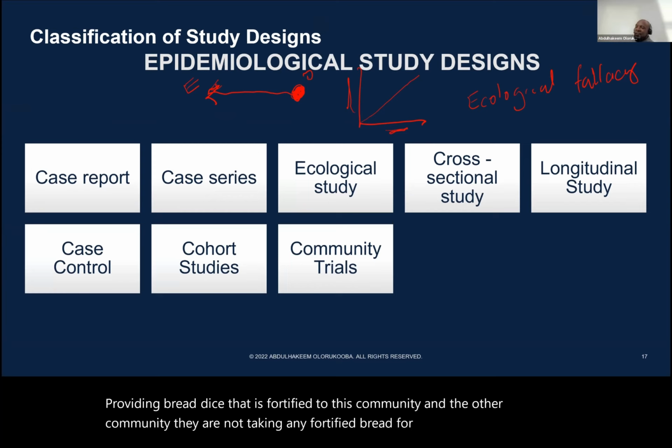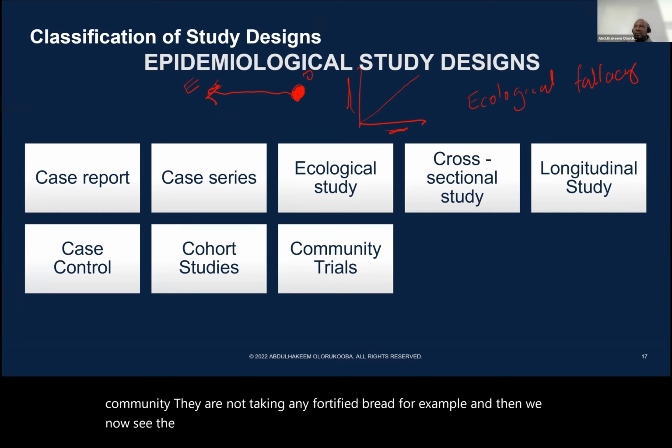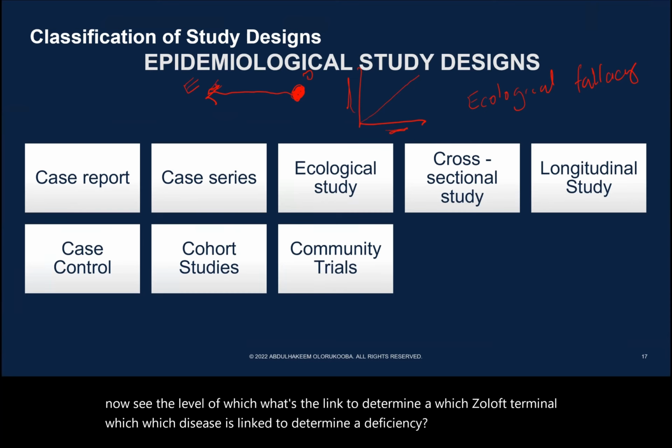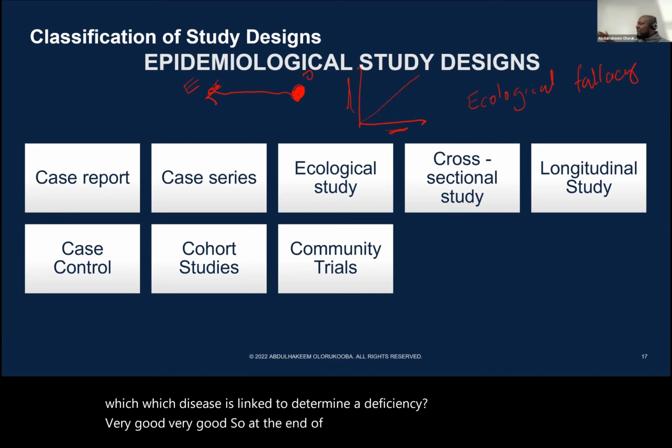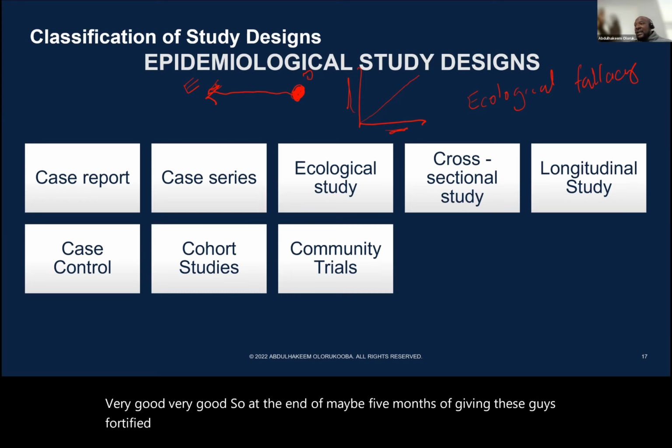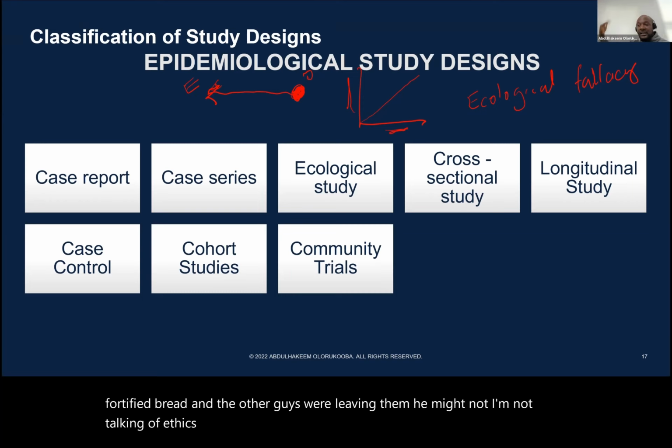And then we see, what's the link to vitamin A, which disease is linked to vitamin A deficiency? Xerophthalmia. Very good. So at the end of maybe 5 months of giving these guys fortified bread, and leaving the other guys, I'm not talking of ethics here, because this might be ethically wrong, but I'm just giving you an idea.